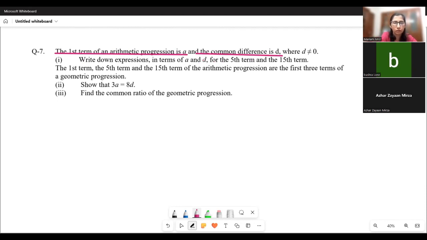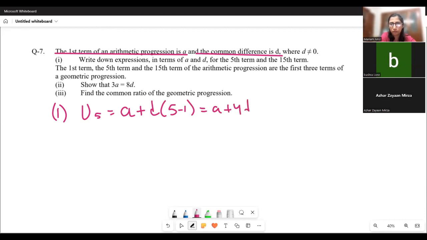All right. So for part 1, we have to write an expression for the 5th term. So the 5th term is going to be A plus D times 5 minus 1. So that's A plus 4D. Similarly, the 15th term is going to be A plus 14D. That's part 1.